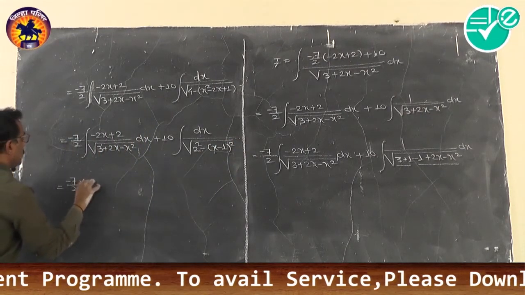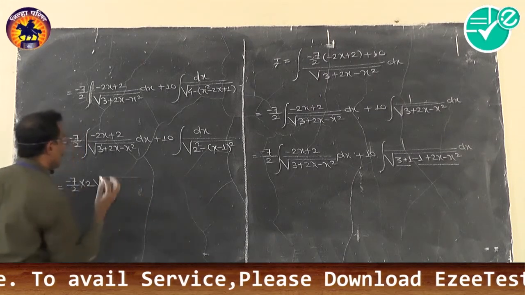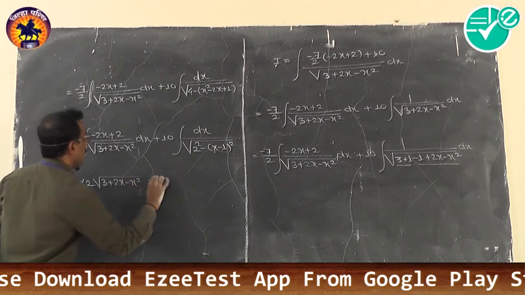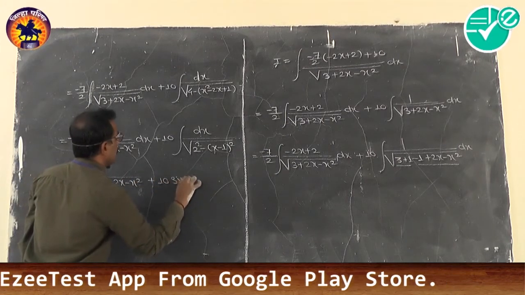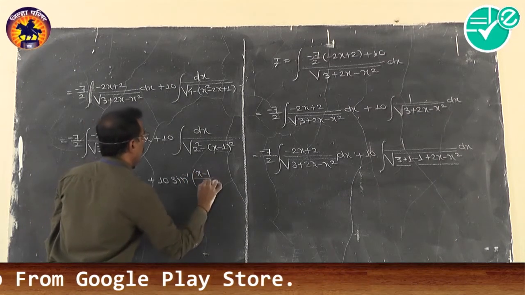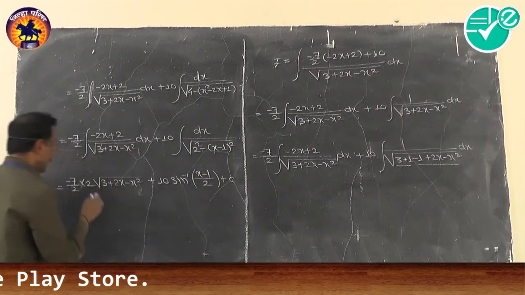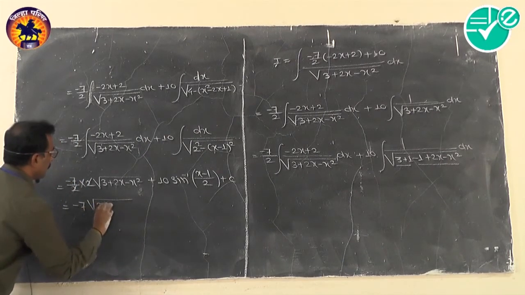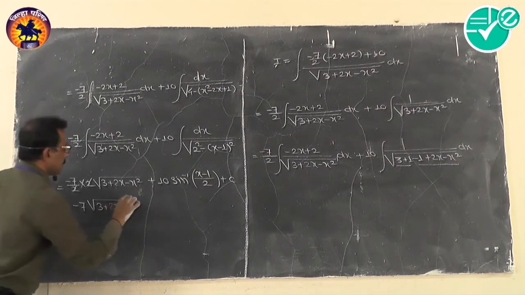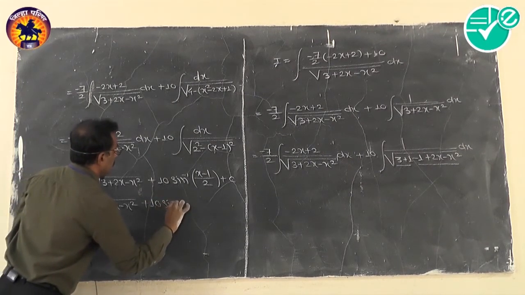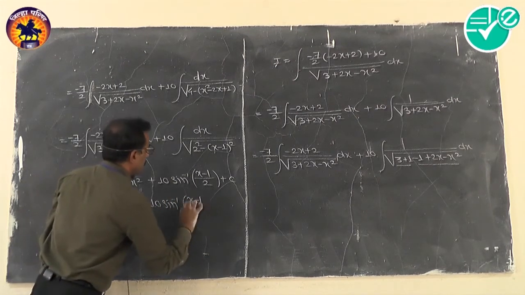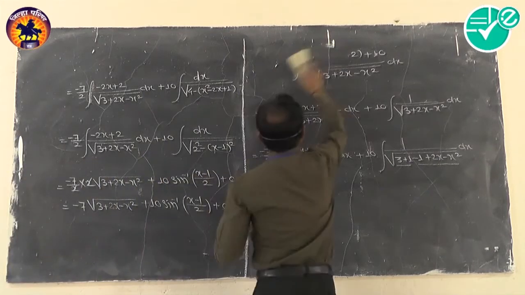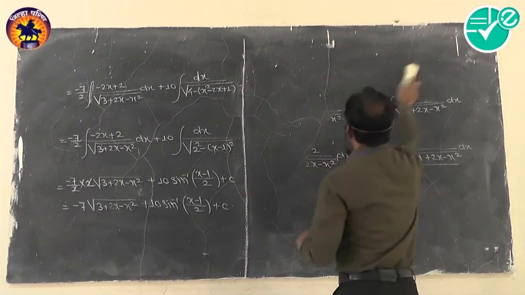It is minus 7 by 2 into 2 times square root of 3 plus 2x minus x square, by corollary of method of substitution, plus 10 times sine inverse of variable term upon constant term, plus c. These 2 and these 2 get cancelled. Your answer is minus 7 into root of 3 plus 2x minus x square plus 10 into sine inverse of x minus 1 upon 2 plus c. Now we have solved one problem from the first type and one problem from the second type.